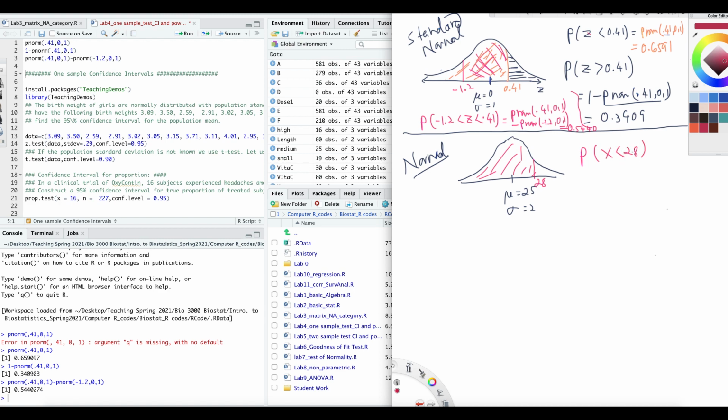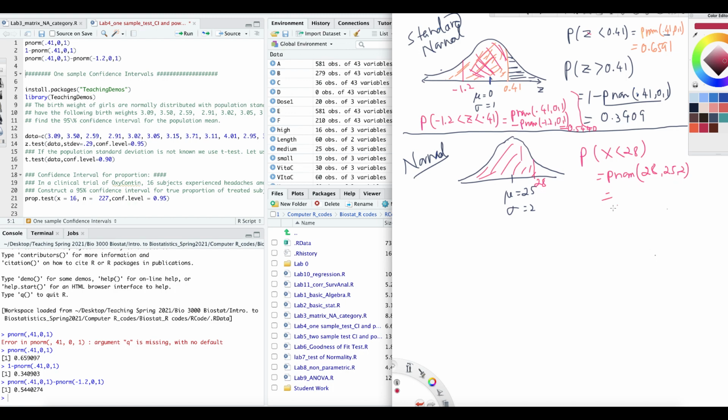What is the probability that x is less than 28, or what is the area left of 28 if the normal distribution has mean 25 and standard deviation 2? Again, pnorm will find the area left, so you do 28 comma, the mean 25, and then 2. That's what you get.